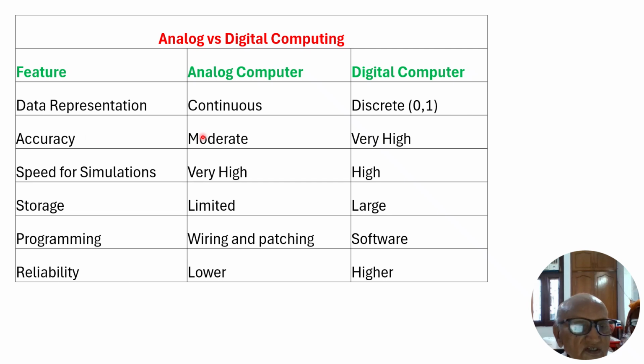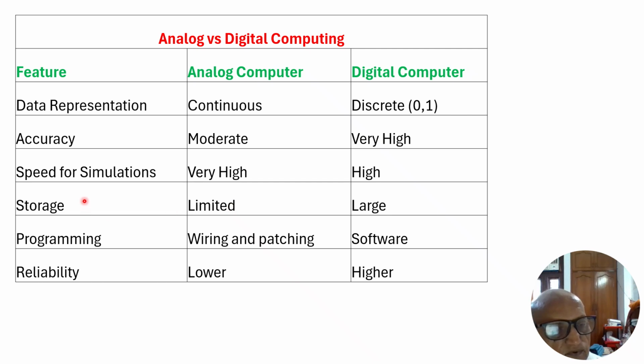Accuracy: analog computer has moderate accuracy, digital has got very high. Speed for simulation: in case of analog computer it is very high, and in case of digital computer it is high.